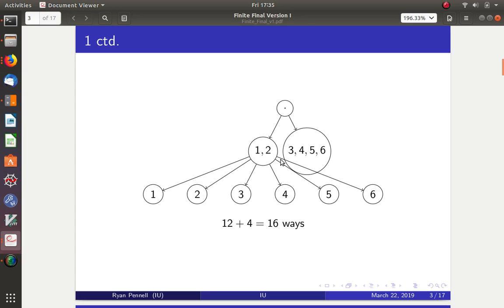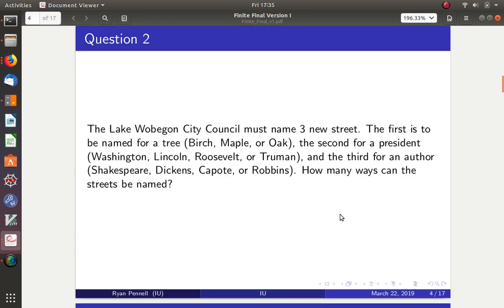And then here, if I get a 3, 4, 5, or 6, the experiment ends, so that's 4. So the answer would be 12 plus 4, which is 16 different ways that this can happen, or there are 16 outcomes in the sample space. Okay, so hopefully that helps you solve that problem.